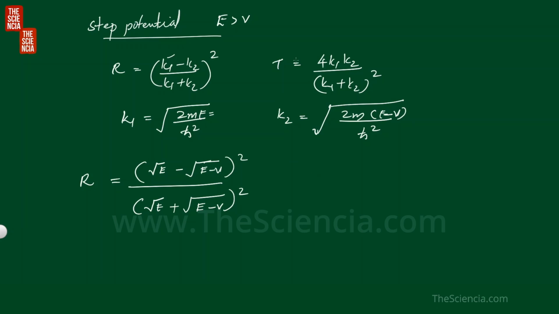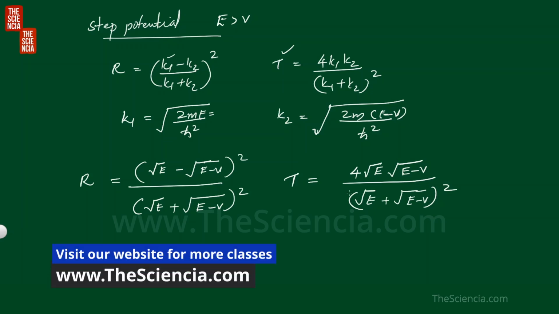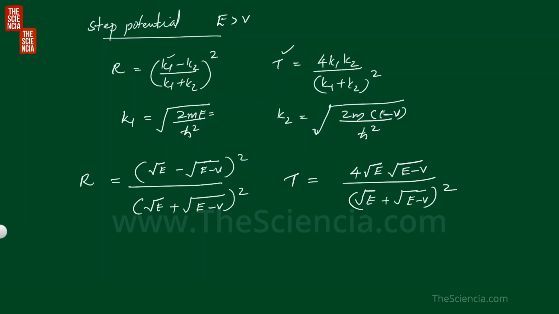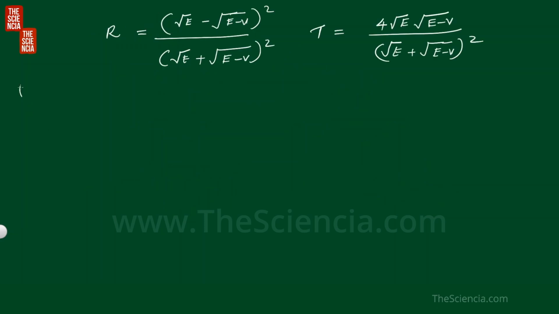Similarly, substituting the values of k1, k2 and k1 plus k2, we get the transmission coefficient T in terms of energy, that is 4 root E into root of E minus V by root E plus root of E minus V all square. So these are very important equations. One example problem.